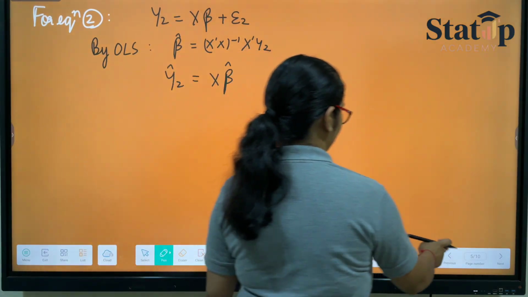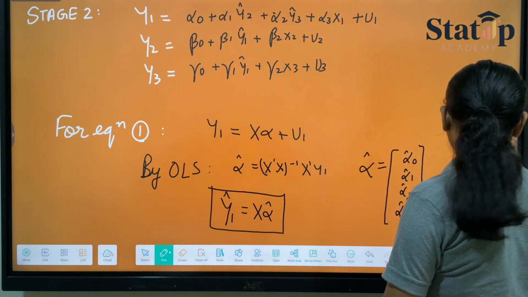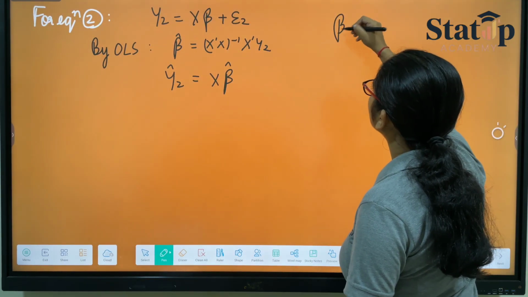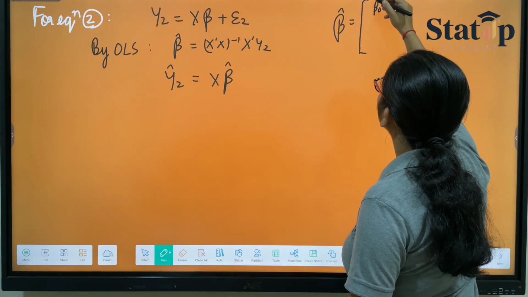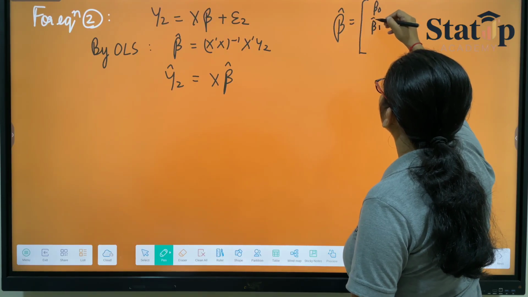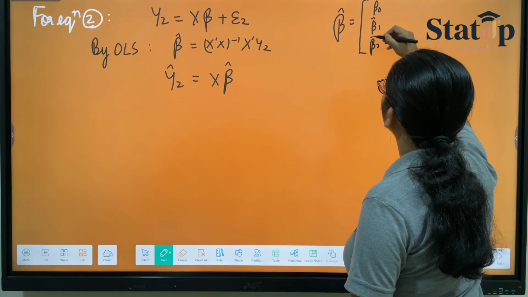Now here beta cap is beta naught cap, beta 1 cap, beta 2 cap.